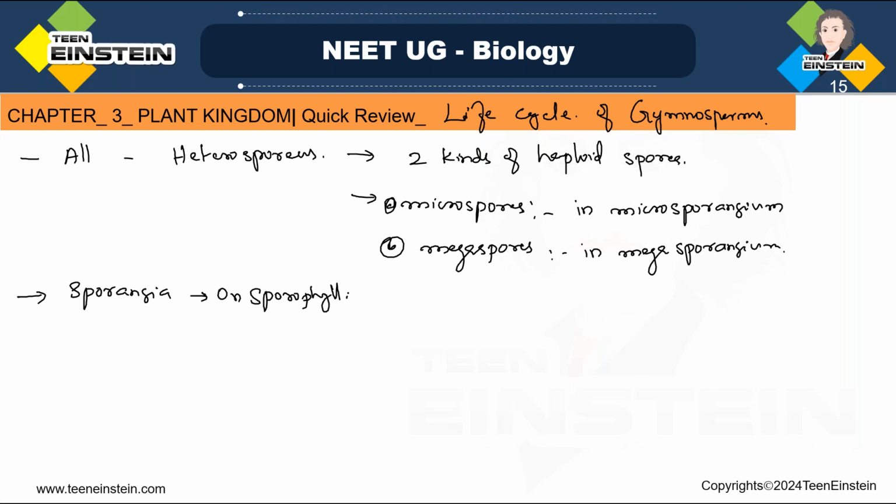Okay, so sporangia are born on sporophylls and these are arranged spirally along an axis.